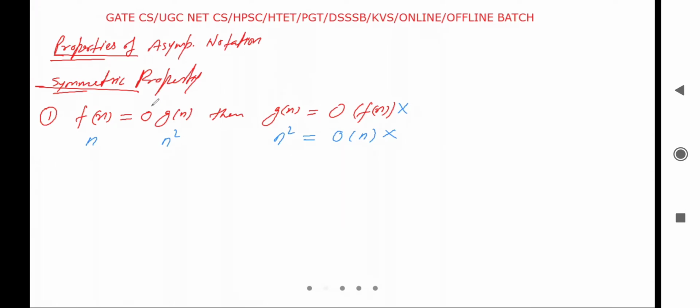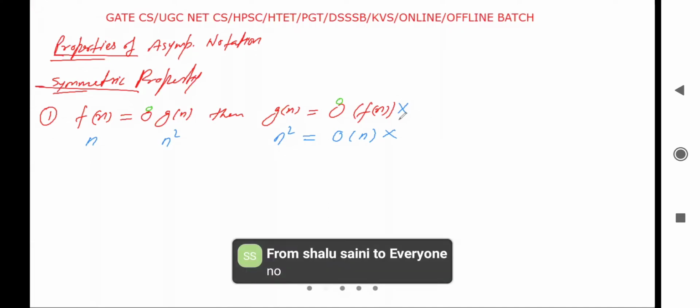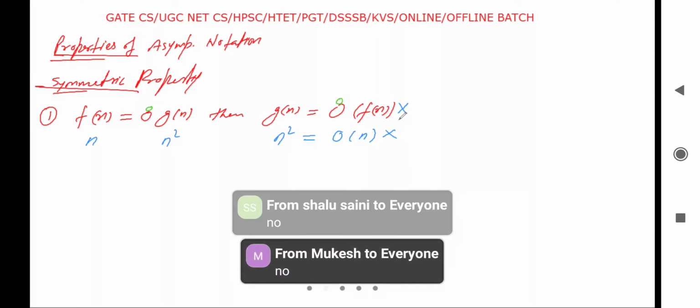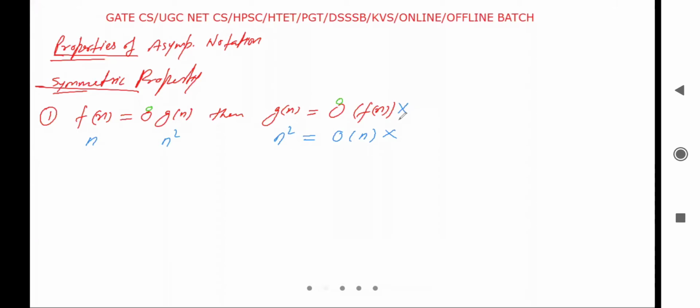Yes, definitely correct. In case of small o also, it doesn't hold the symmetric property. So in case of small o, it is also failing. Let's see the next one.